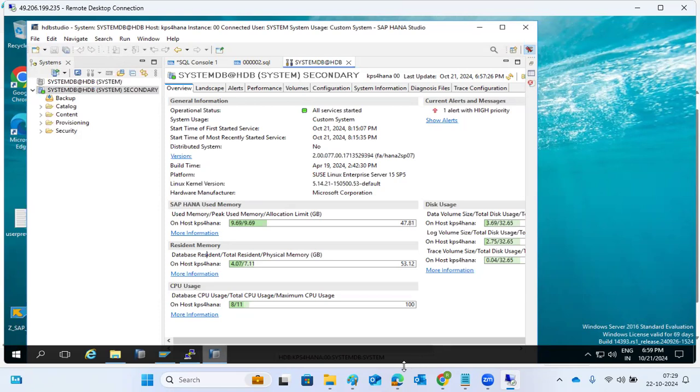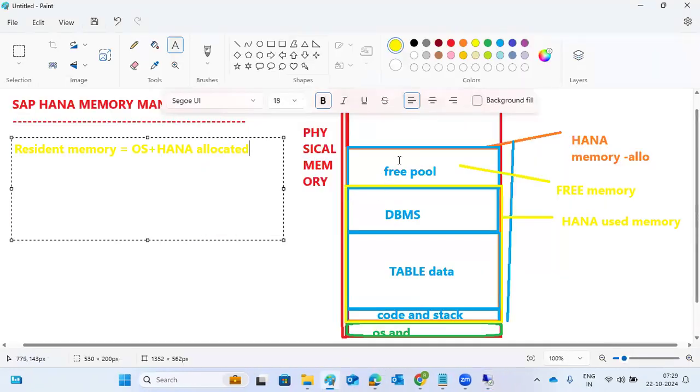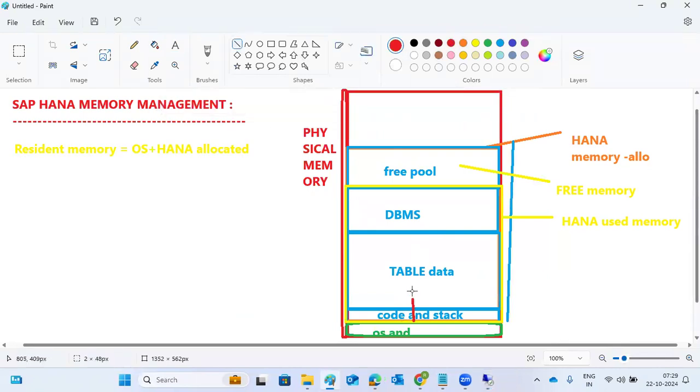So from this box to this box, from the code to this box, is called the HANA used memory.